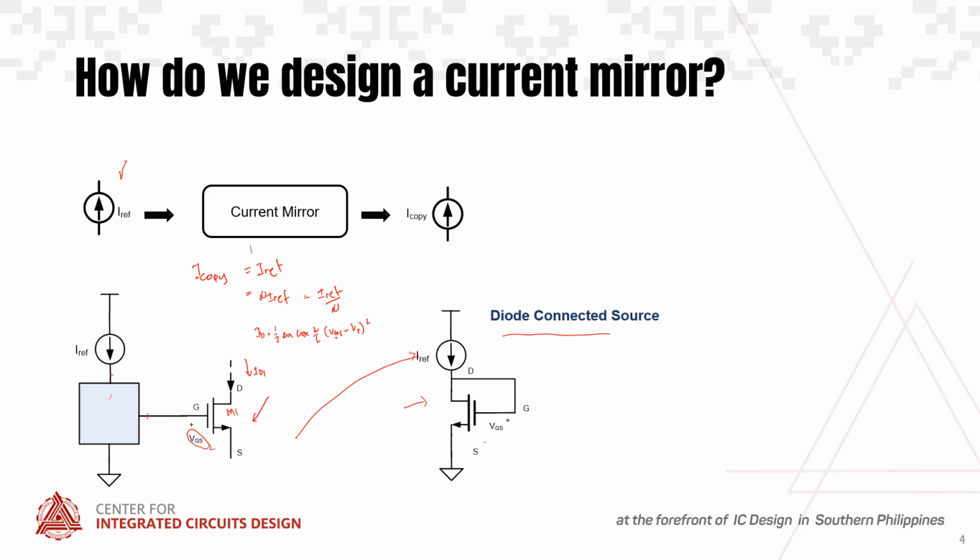So, i-connect natin yung gate at saka drain. So, with that, yung drain at saka gate natin, VD is equal to the gate voltage. So, yun yung effect ng diode connected. Since VD equals VG, since they are shorted together, then we can assure that VDS is always greater than VGS minus the threshold.